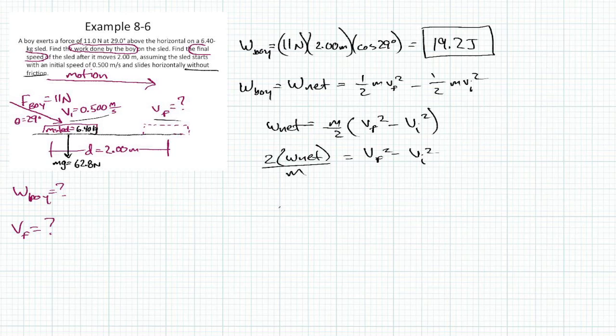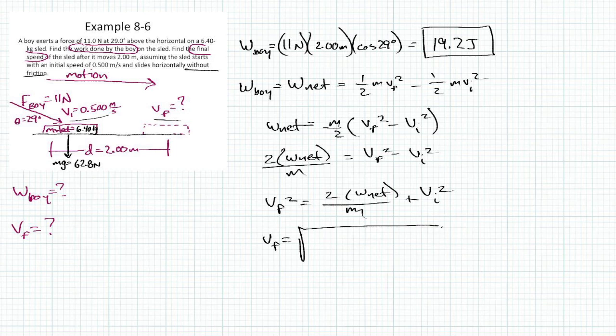And so v f squared should be 2 times net work divided by m plus v i squared. Which means that to solve for v final, it's the square root of all that: 2 times net work over m plus initial velocity squared.